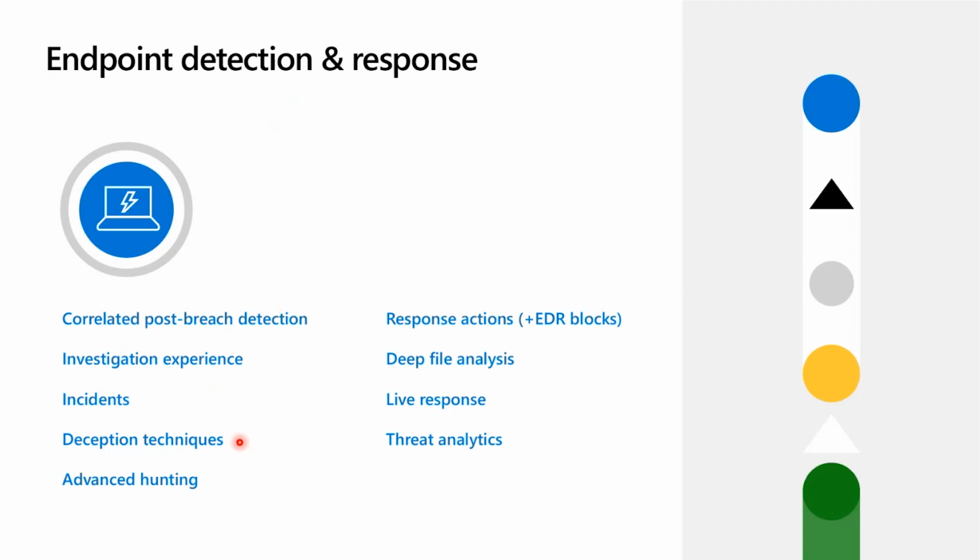Now, this is a feature of Defender for Endpoint Plan 2, but it will actually do deception techniques. What are deception techniques? That's a case where Defender for Endpoint will detect a certain behavior. It's really suspecting that that behavior is not normal, but in order to learn from it, it will let it go on and examine what it is trying to do next.